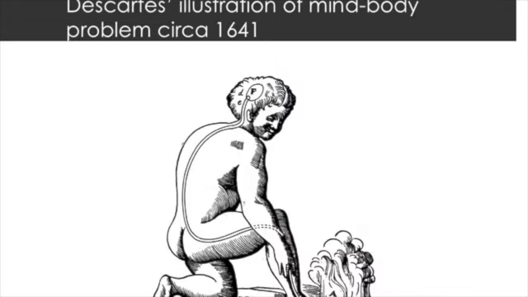Fast forward some years, we had René Descartes, who was famous for his ideas about mind-body dualism. Around 1647, he started to map out what he thought a mind-body relationship would look like, right? This is a map of Cartesian dualism.